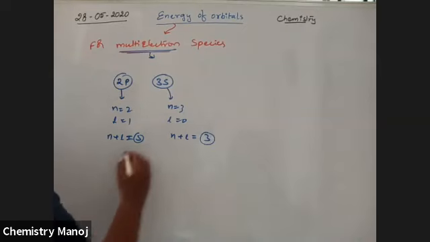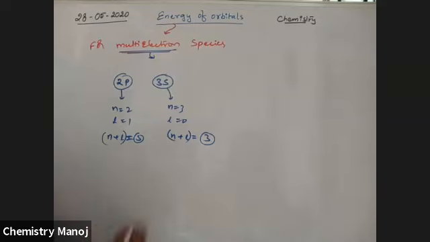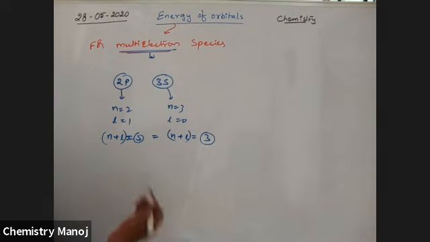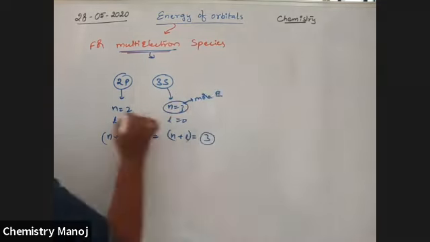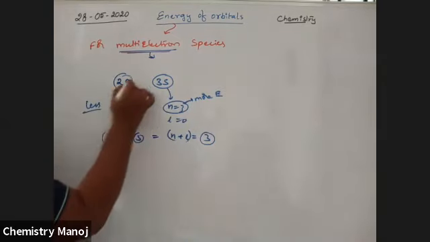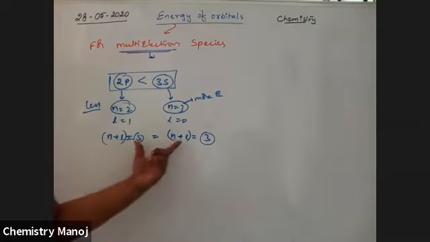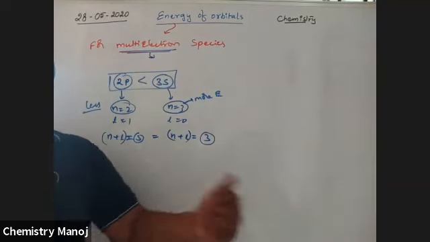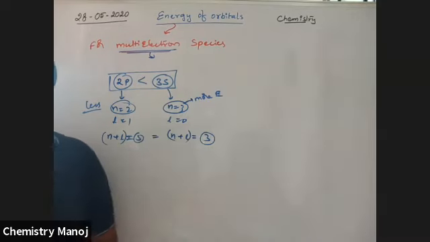So here the n plus l values of these two are the same. If they are the same, now use the n value. The more the n value, the more the energy. That means 2p orbital has less energy than 3s, because the n plus l values are the same. n is directly proportional to energy, so less n value means less energy.